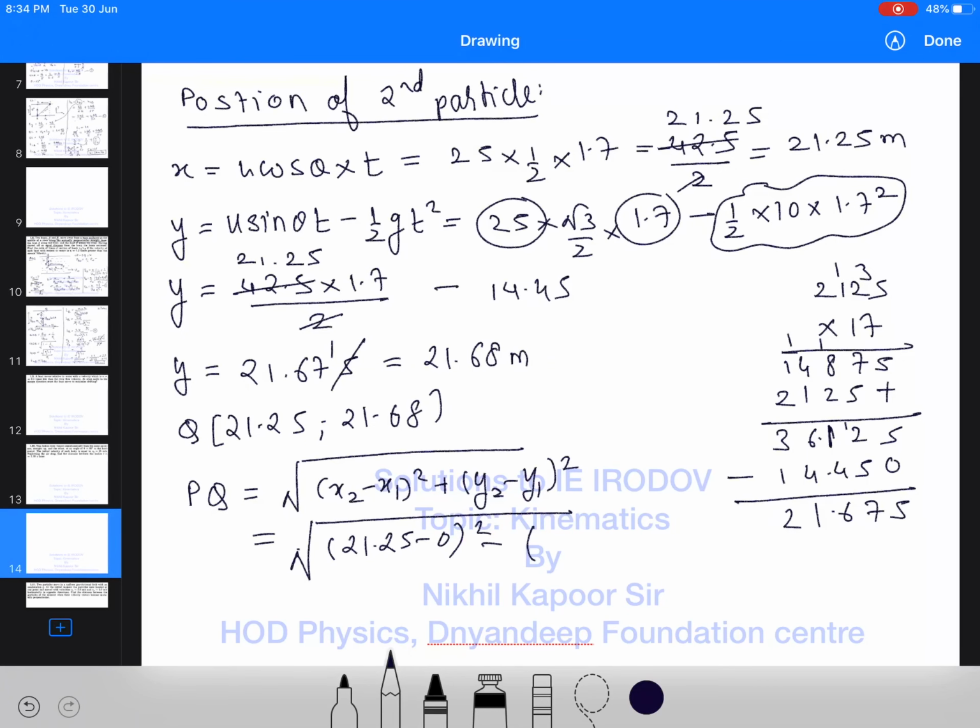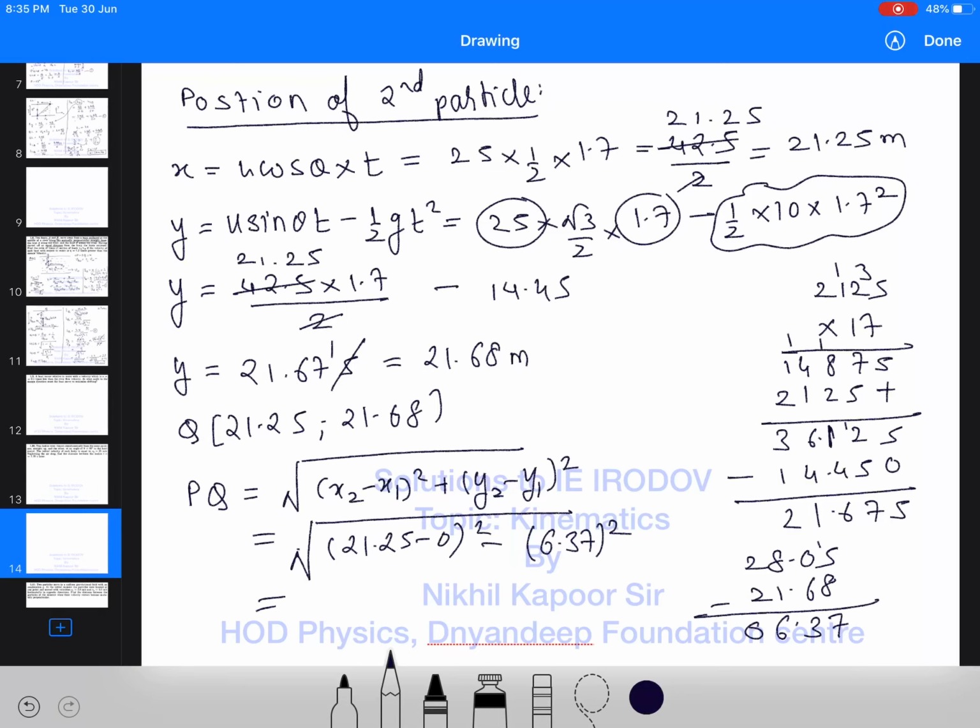What is our y2? 21.68, and I am going to subtract it from 28.05, so I will go in reverse: 28.05 minus 21.68. Let's subtract this. 15 minus 8 will be 7, 9 minus 6 will be 3, then 7 minus 1 will be 6, so this is 6.37, the whole square.